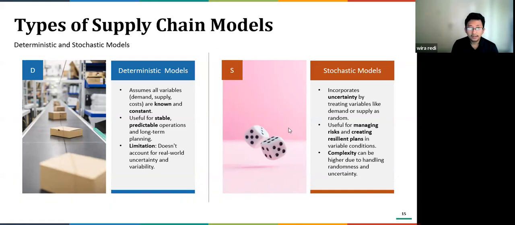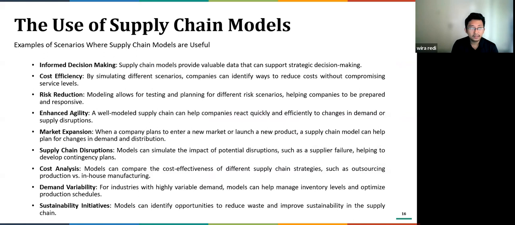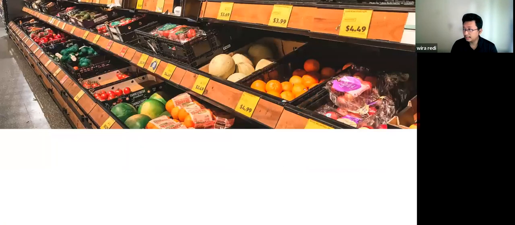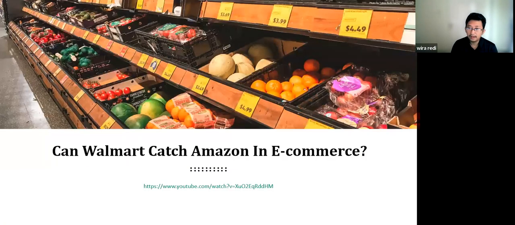And then, okay, this one I think is a repeating slide, so I won't discuss it again. The use of supply chain models is similar to the benefits, and you can read it by yourself. This one is another example of how supply chain modeling can help.